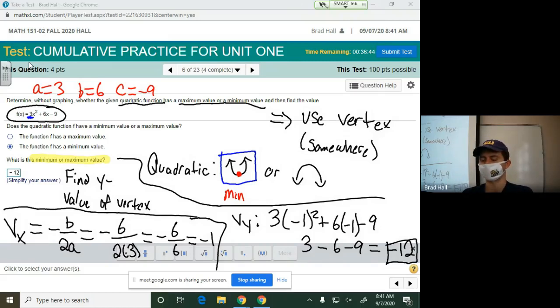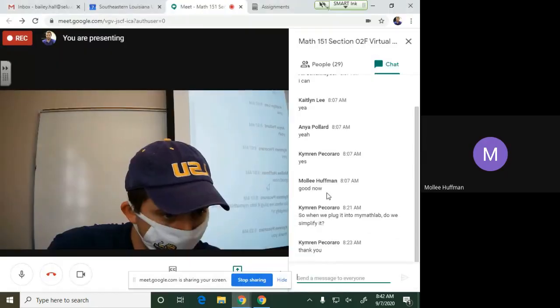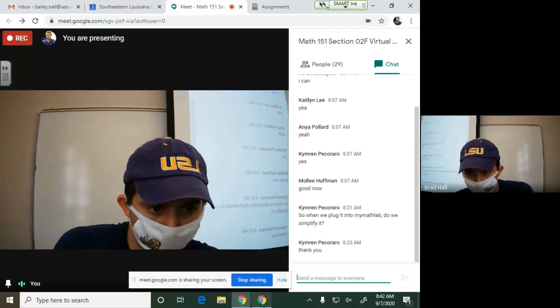This is a process that you should be familiar with if you're finding the minimum or maximum of a quadratic, which again is something I explain in more detail in that video. So there will be quite a few problems like this on the homework due Tuesday. Does anyone have any questions up to this point? So the answer for the minimum and maximum is just the y value, sir?